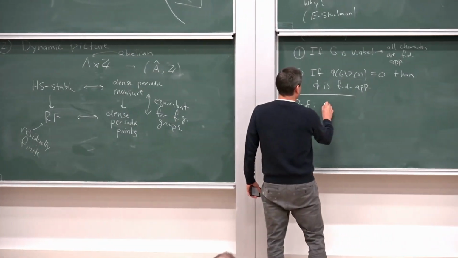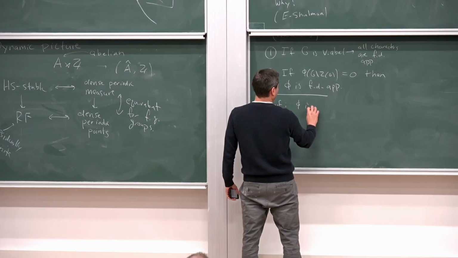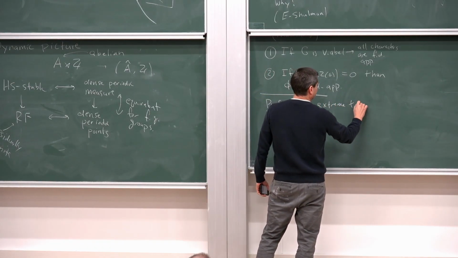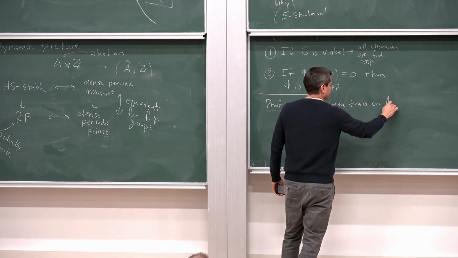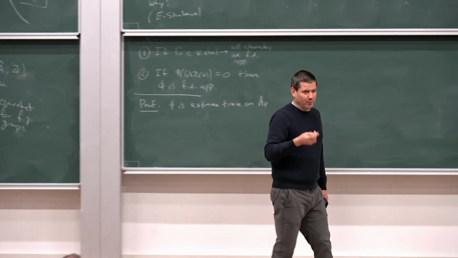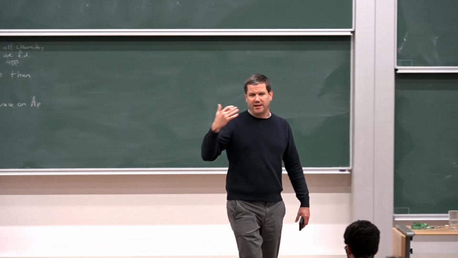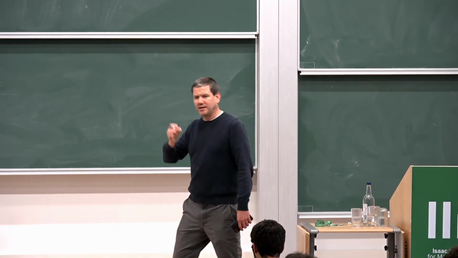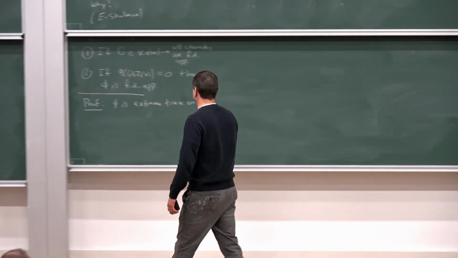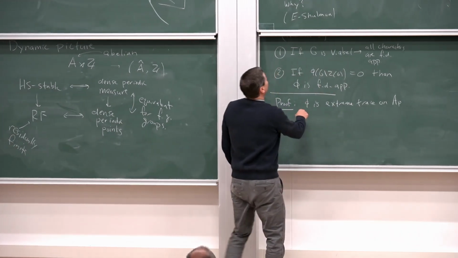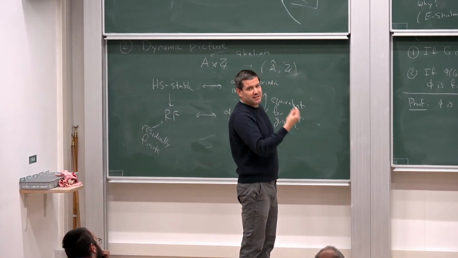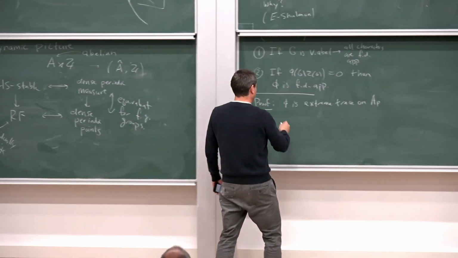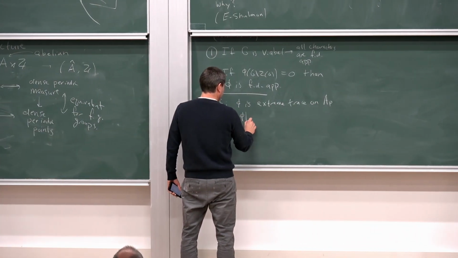So say phi is an extreme trace. Some people, when they say character, they mean extreme. Some people, when they say character, they don't mean extreme. I mean extreme. Okay, so extreme point in the unit sphere. So what that means is, I restrict phi to the center, it has to be multiplicative. In particular, it takes values in the circle group. Phi restricted.